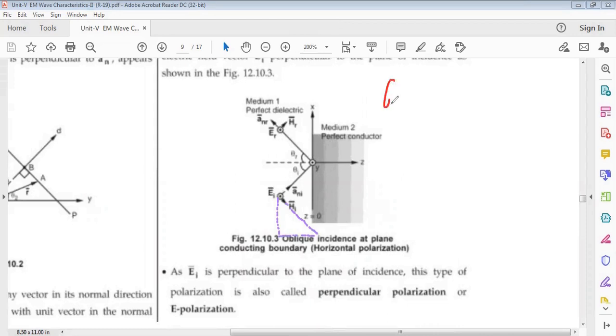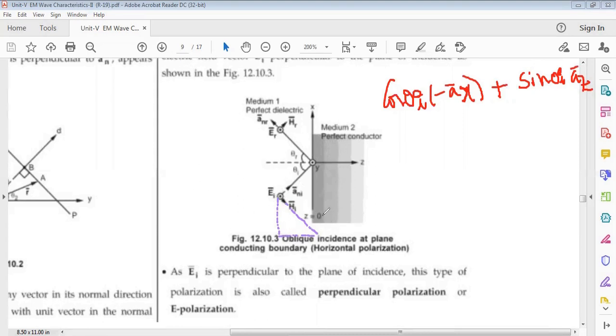The expression we got: cos theta I into minus AZ bar, not the minus AZ bar, AX bar, plus sin theta I into AZ bar, sin theta into AZ bar.